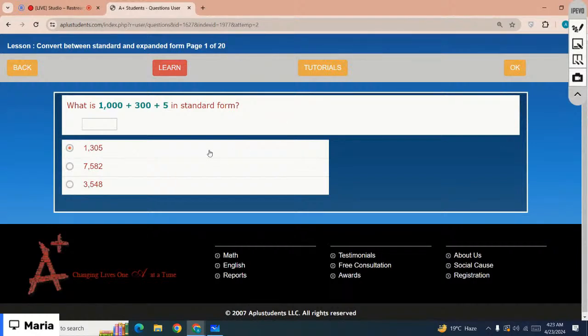You can see with 305 you don't have any tens digit over here, right? So that means obviously the tens digit is 5. The correct option is 1305, right?